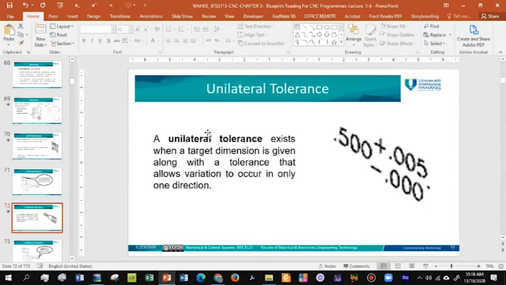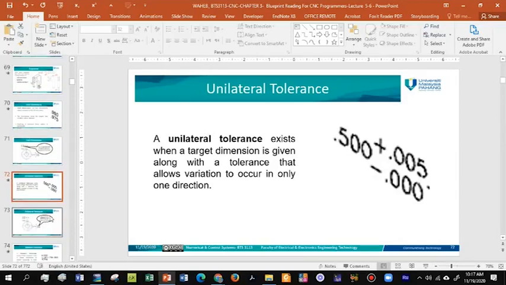Uni comes from only one side, the upper value, being defined. So if your dimension is 0.5, the maximum value you can reach is 0.505, while the minimum value is 0.500, the same. The minimum is the dimension itself, and the maximum is the dimension plus the maximum value, which is 0.005 here. Okay.